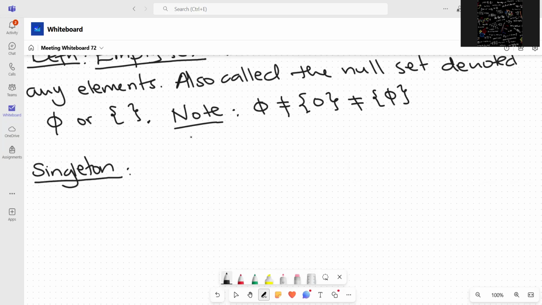A singleton is a set that contains only one element.